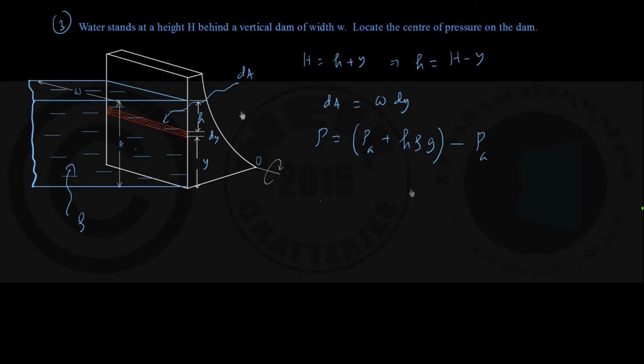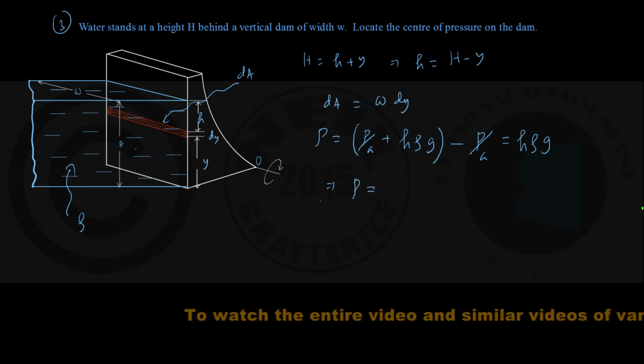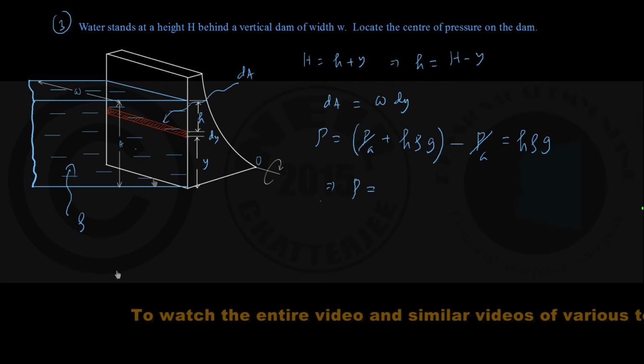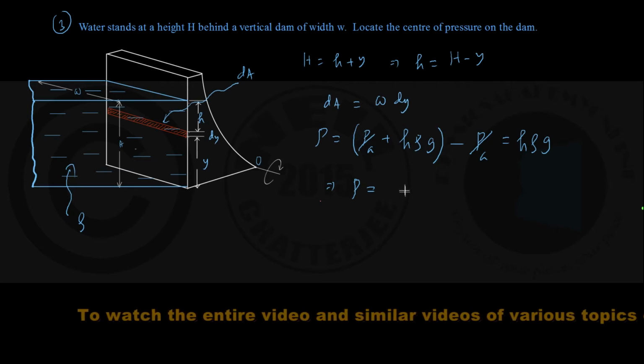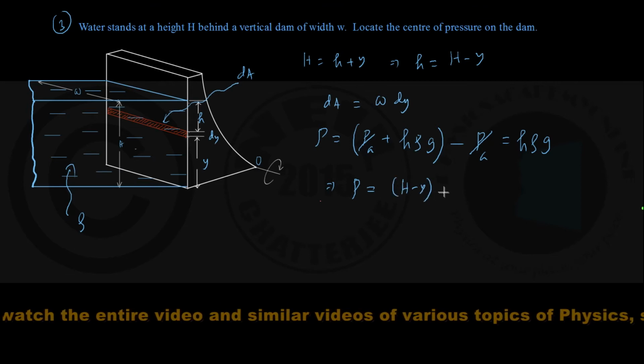The Pa terms cancel out, leaving the net pressure equal to the hydrostatic pressure, h rho g. But since we have taken small h to be capital H minus y, the net pressure acting on this horizontal strip shown in red is (H minus y) times rho times g.